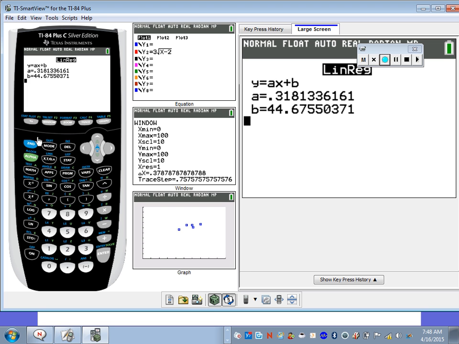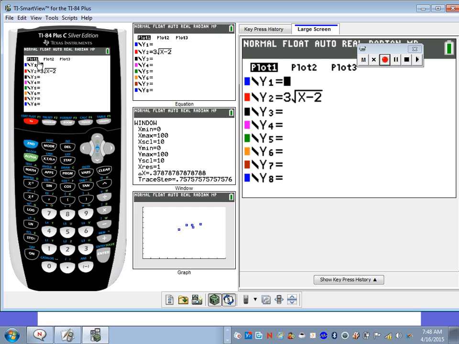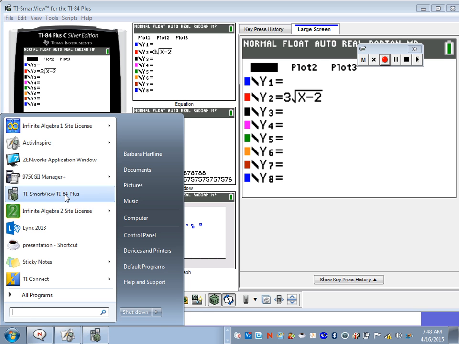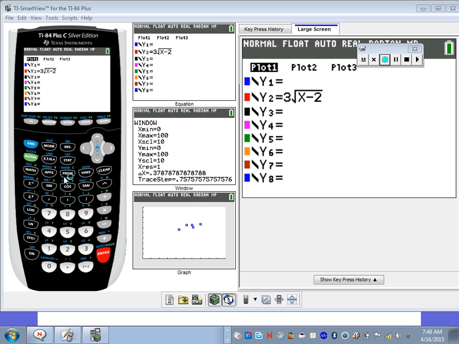It's a little slow. I'm trying to turn off this plot thing, but it's not wanting to move fast with me. So I'm going to pull up my Casio, and I'll walk you through verbally the directions for the TI, because it is just not wanting to work right now.